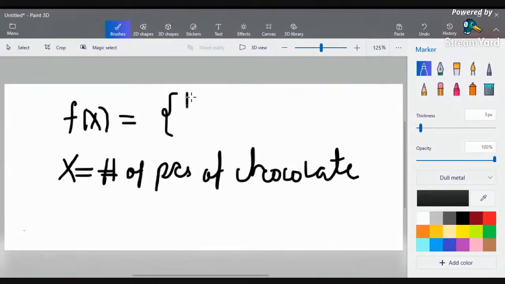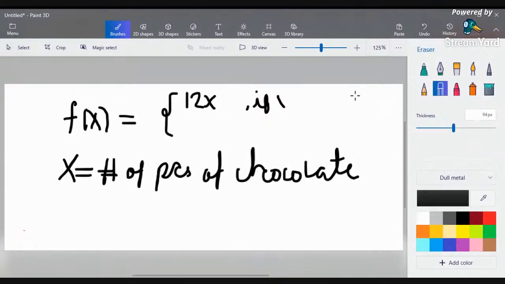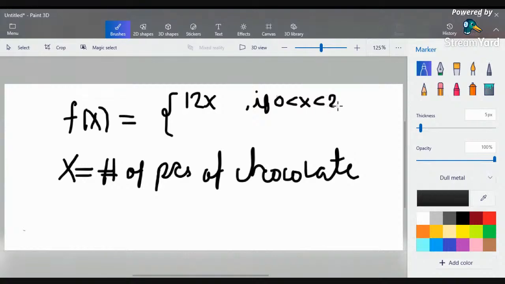Meaning, 12 pesos times the number of chocolate bars, if x is greater than 0 and less than 20. I did not put "or equal to 20" because if we reach 20 pieces, the price will be marked down.